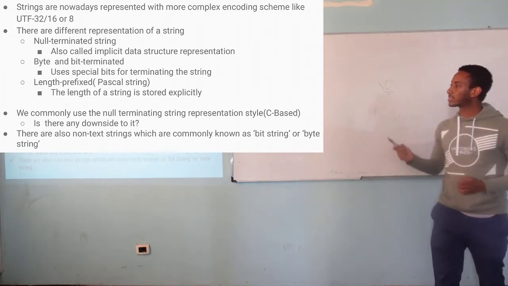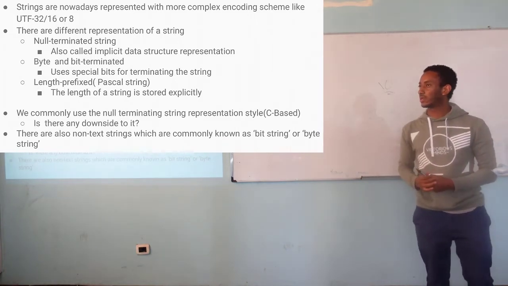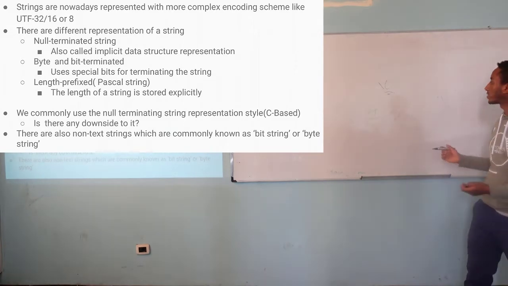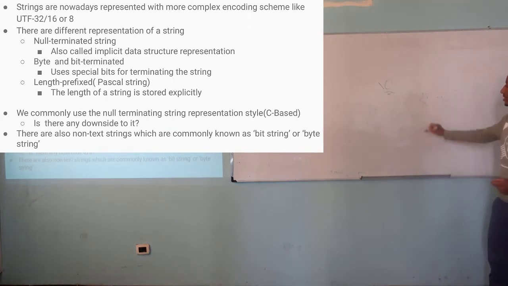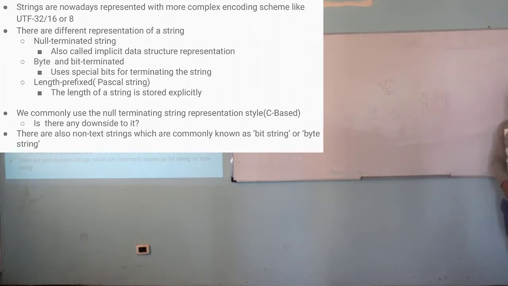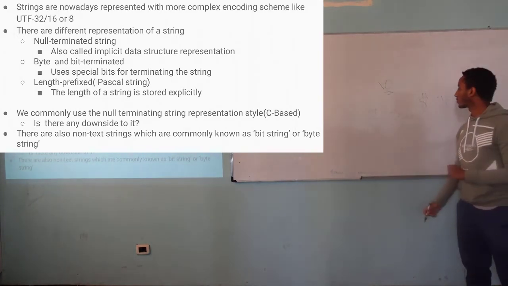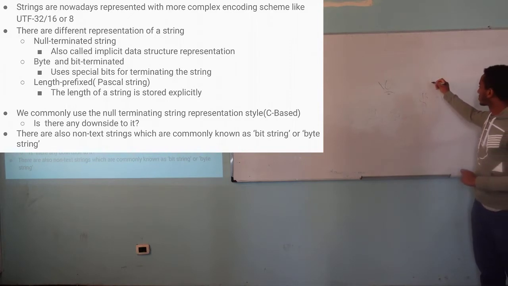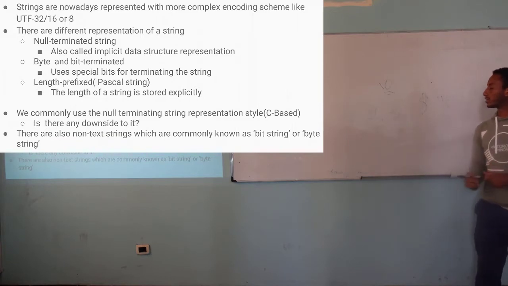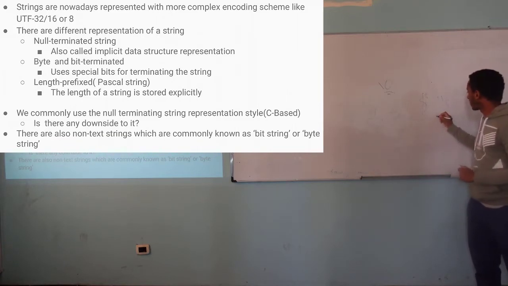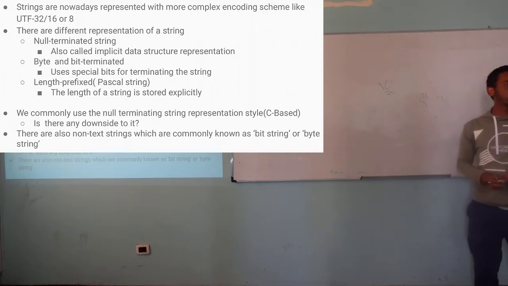And also there are byte- and bit-terminated ones. For the byte one, they use different special characters. For example, assemblers use the $ sign, and I think mainframe and CDC computers use a colon, and the old IBM computers use a kind of quotation mark or something like that.